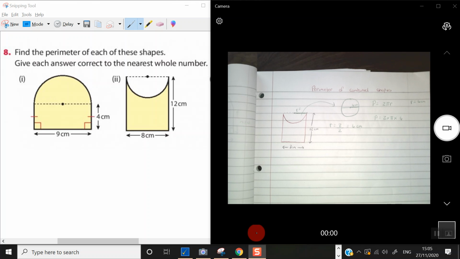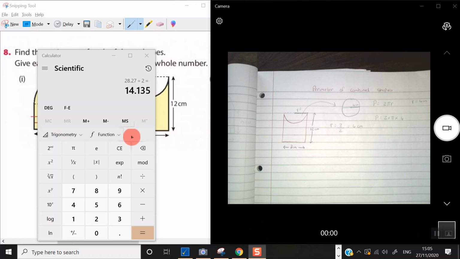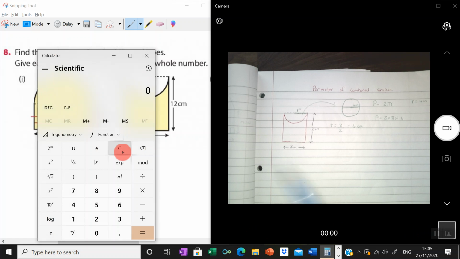And what we can do then is plug these into a calculator. So I can get my calculator here and plug in 2 multiplied by pi multiplied by 4.